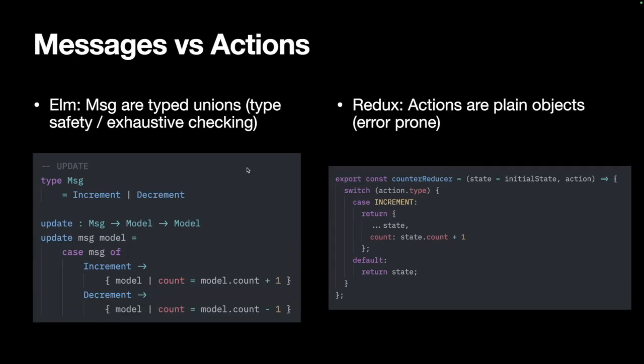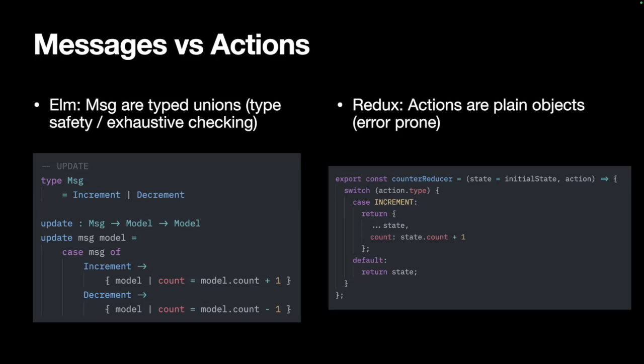All right, number 4, I believe, messages and actions. So in Elm, our messages are typed unions, and in Redux, our actions are just plain objects. So action.type in this case is increment, and you can see in the Elm code it's a feature of the language to have A, type safety in our message, and B, exhaustive checking on those types.